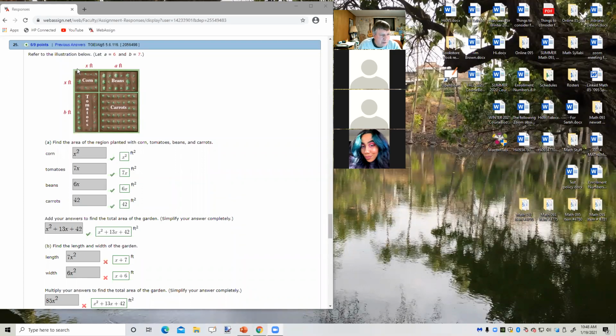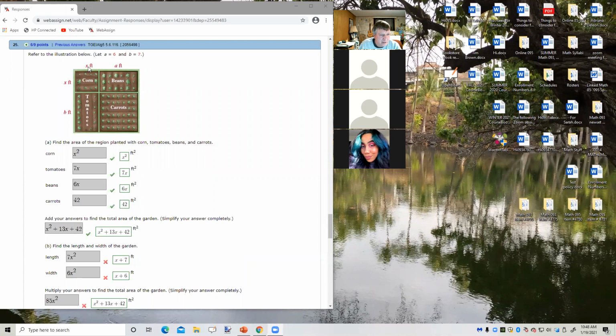Let's call the horizontal distance the length and the vertical distance the width. Okay, now, so we've got what? X feet plus A feet. A is what? 6.